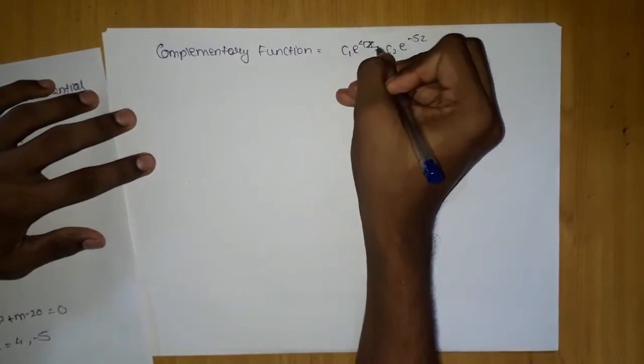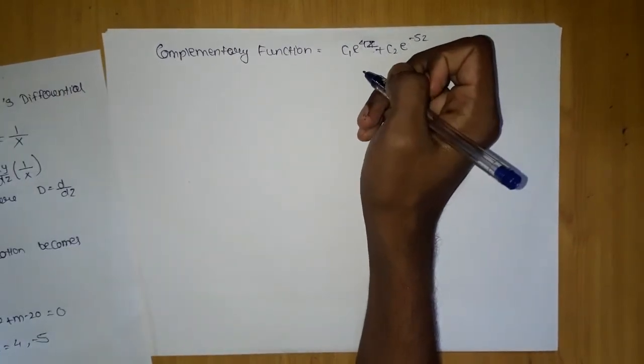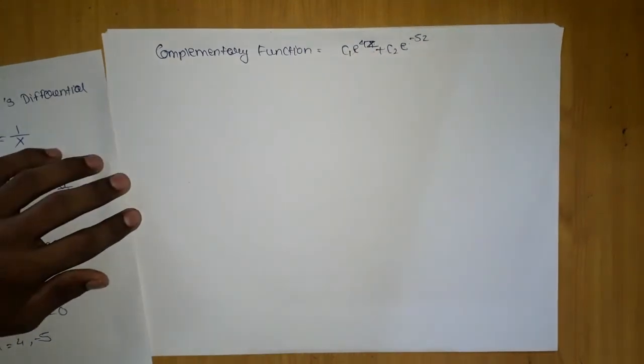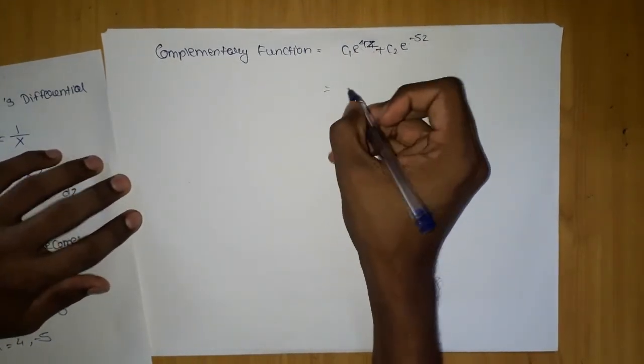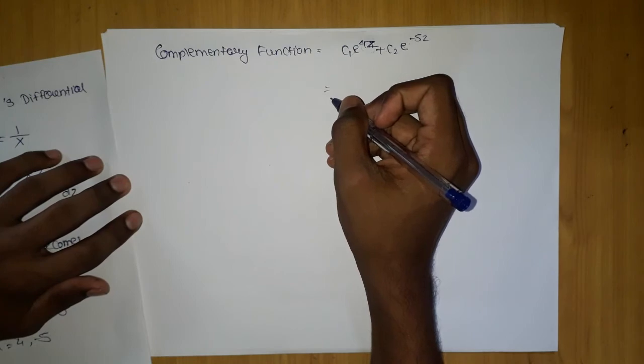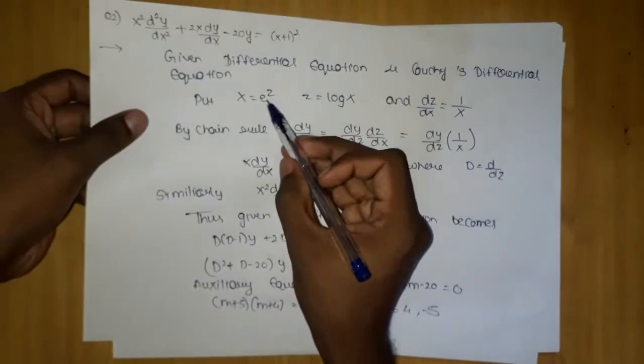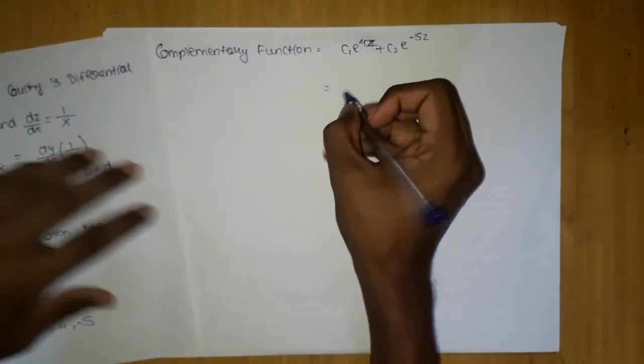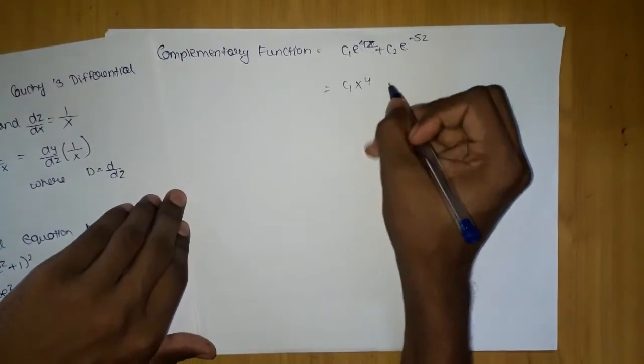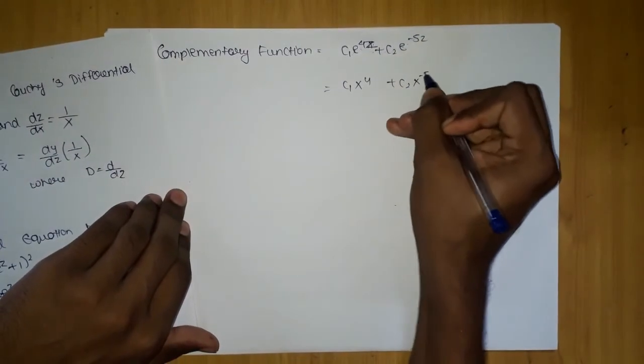Sorry, I forgot, I have to write in terms of z. Now you know the complementary function you will write in terms of x in the end, so you will substitute e to the power z as x, because e to the power z is nothing but x. So it will become c1 x power 4 plus c2 x power minus 5.